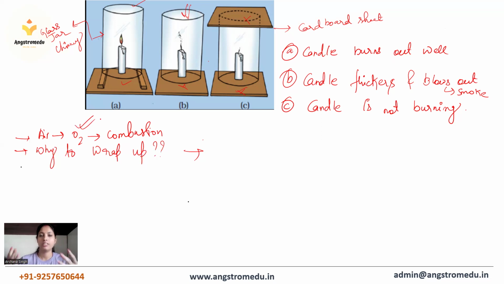If a person caught fire and you wrap a blanket, you are cutting off the supply of oxygen. Now if you are cutting off the supply of oxygen, how is it going to help? Basically, the flame, the combustion, the burning will be stopped instantly, right?